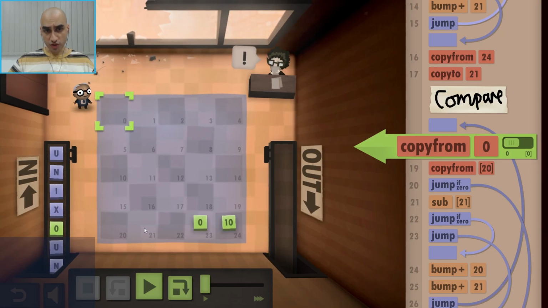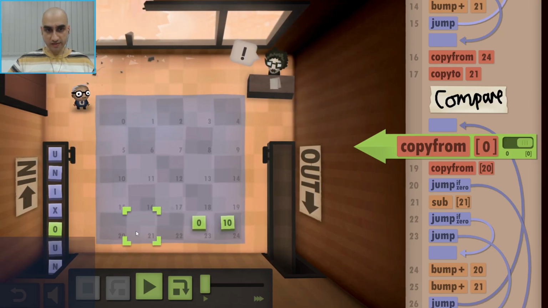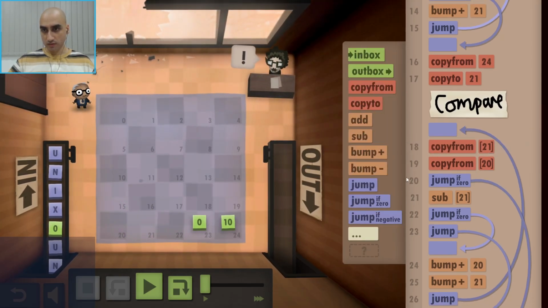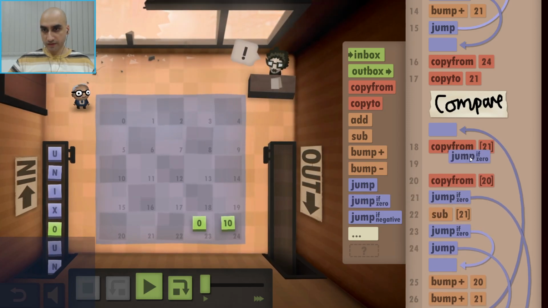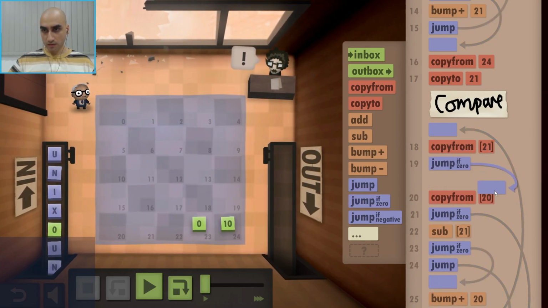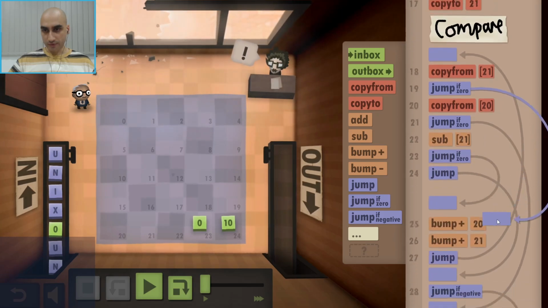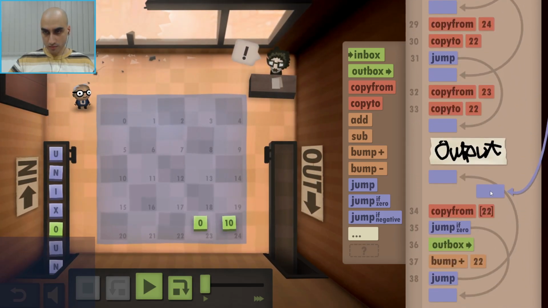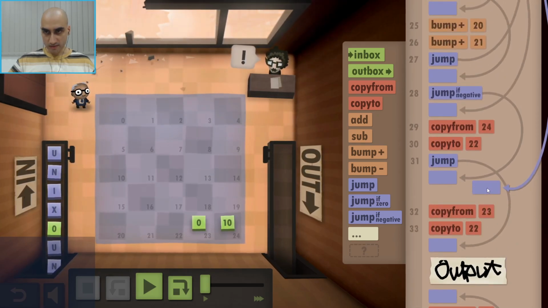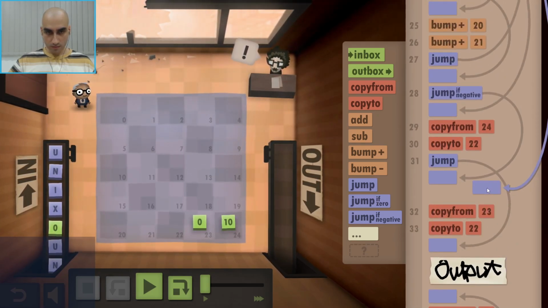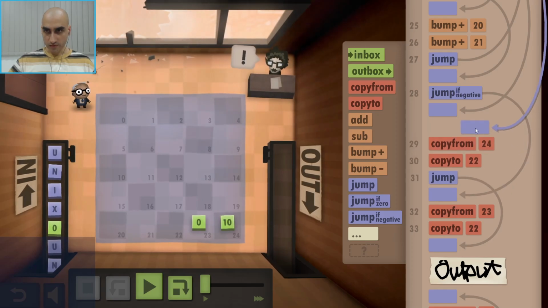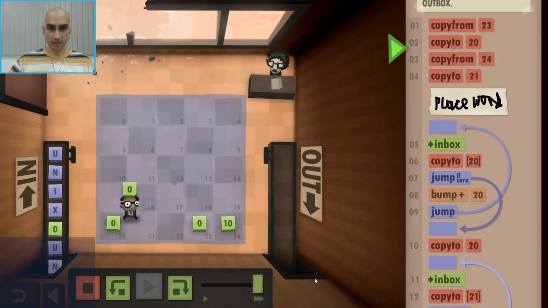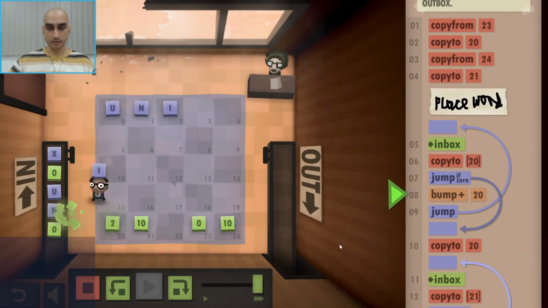First, we check whether there's a 0 in 21. If there is, then we output the second word, which means we do this one. Okay. Well, that should account for that case.